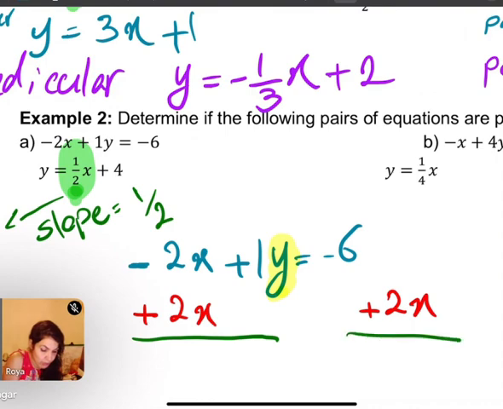When you add them, these two cancel each other out, and you have 1y equal to negative 6 plus 2x.